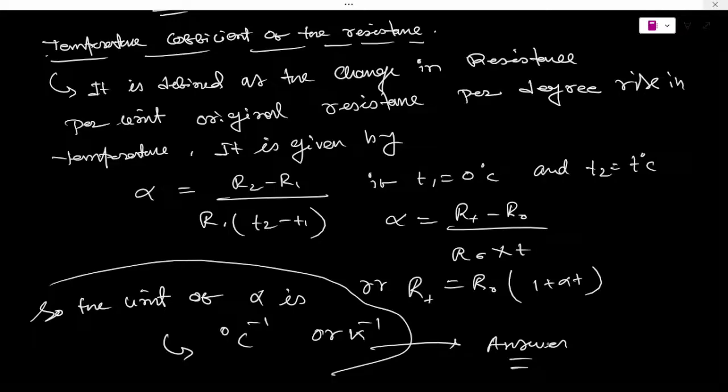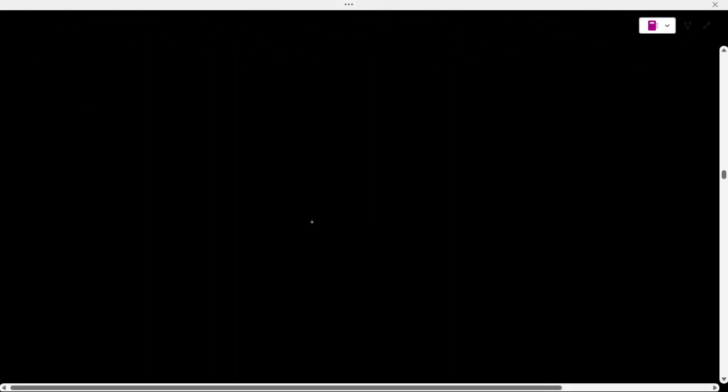Okay, so what will be the effect of temperature on the resistance?